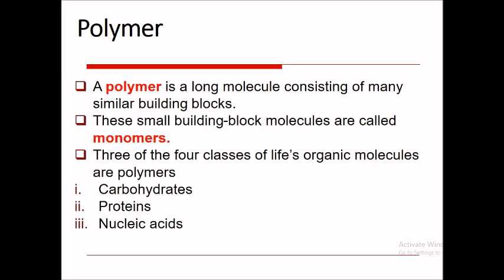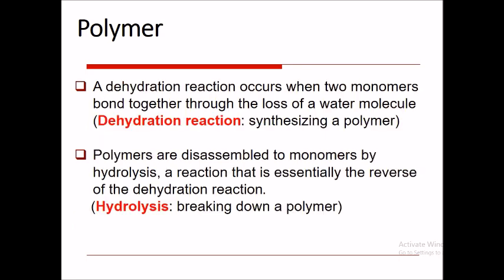There are three classes of biological molecules that are polymers, which are carbohydrates, proteins, and nucleic acids, where these three types of biological molecules have their own monomers, the building blocks, to produce the polymers of carbohydrates, proteins, and nucleic acids. However, lipids do not have any monomer.